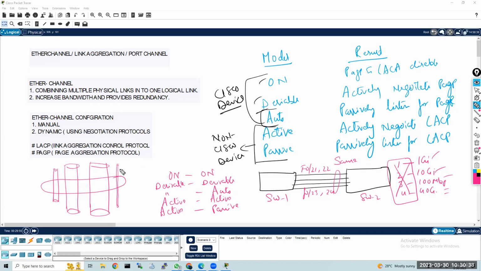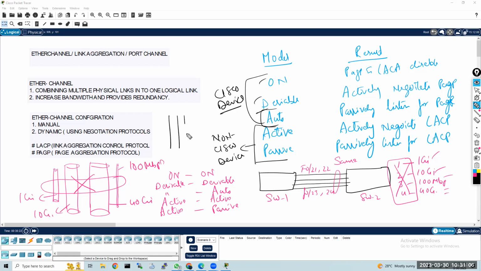All are different speeds. For example, this is 100 Mbps, this guy is 40 gig, this guy is 10 gig, and this guy is 1 gig. So we can't make a bundle like this. Remember, guys, this is quite a very important point. We can't make a bundle for EtherChannel. It should be the same speed.